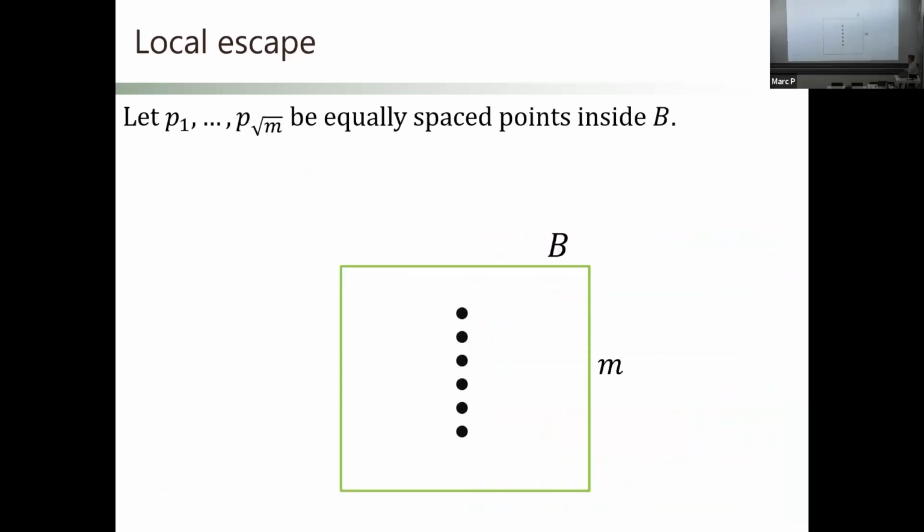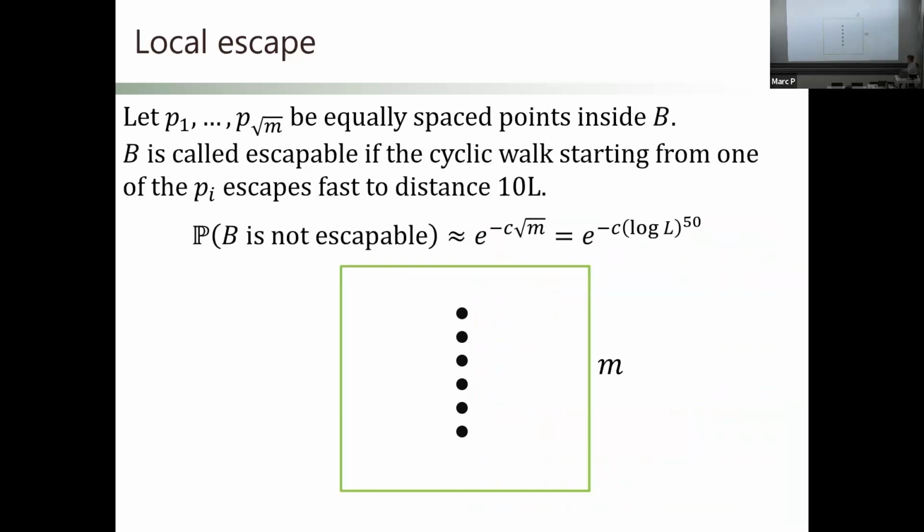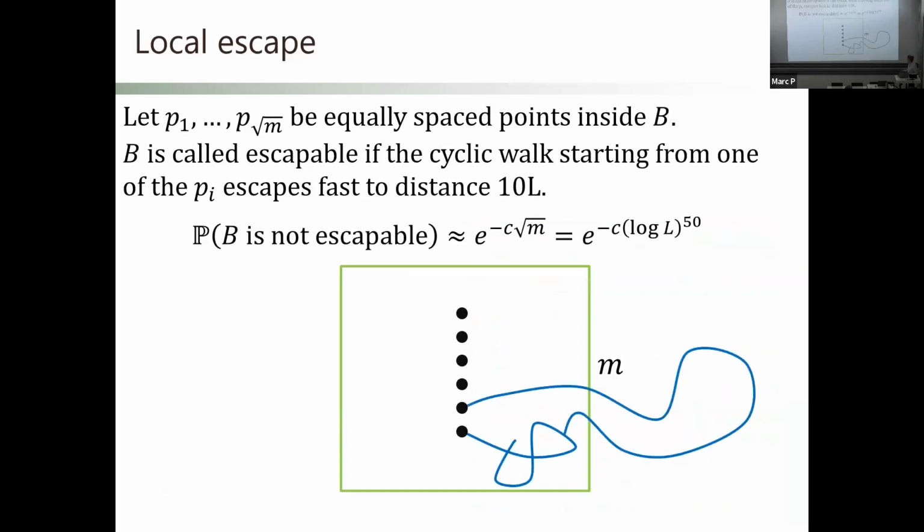Suppose we look at one of these green boxes with side length M, and I put, say, square root of M points in the middle. I reveal the cyclic walks starting from each of them one at a time. Because this is in dimension 5, we don't expect these to run into each other, but maybe a few of them do.